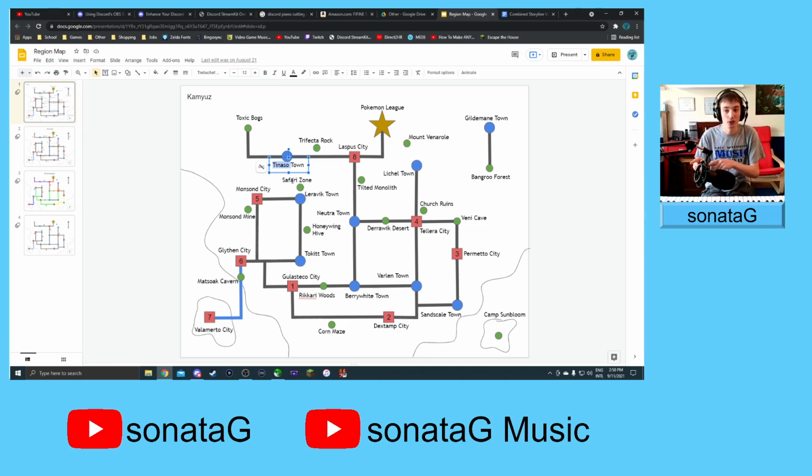And Tenasso, so, na, N-A gets left out, Tina at the beginning, Tenasso Town. And then Laspis is a sort of misspelling of last pass because it's the last place you go to before the league.